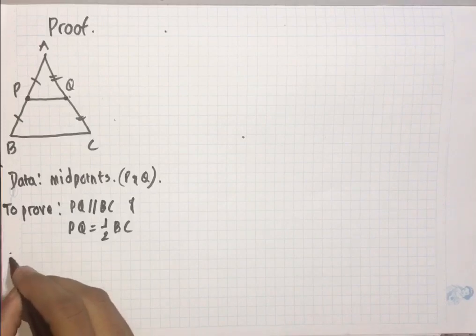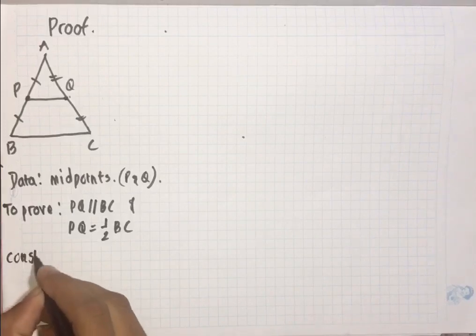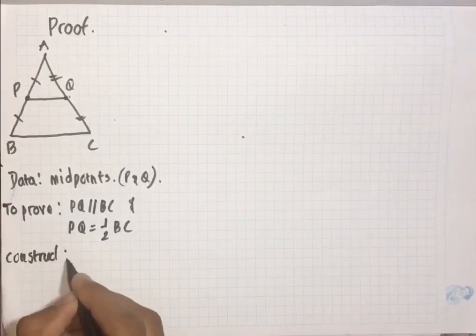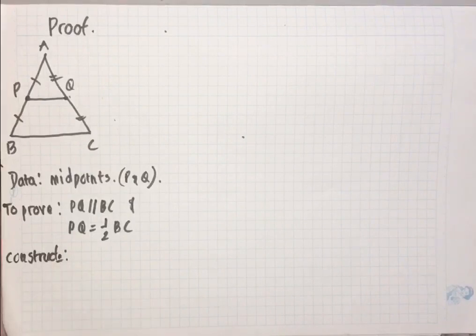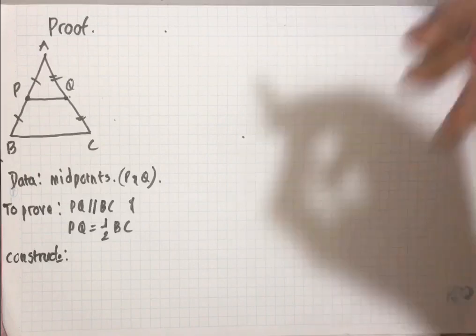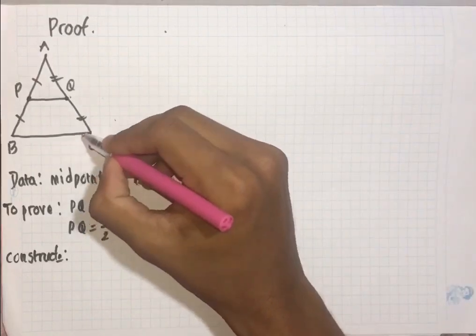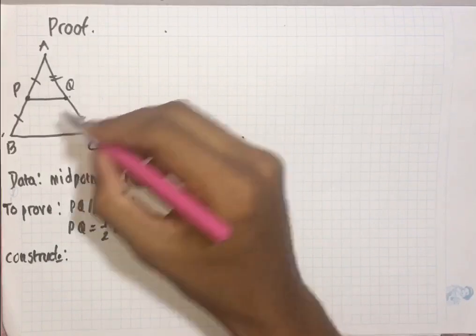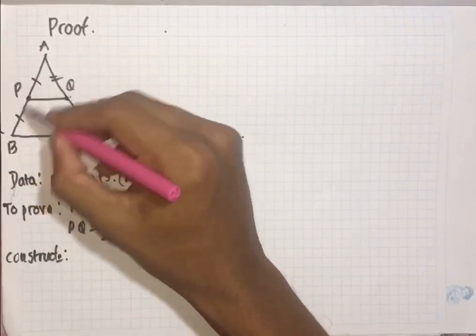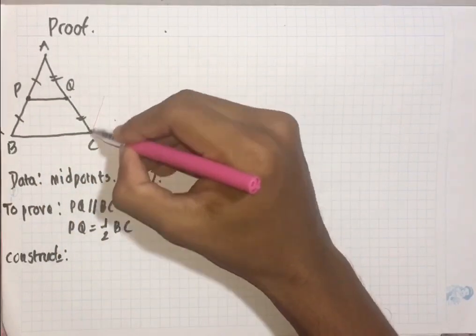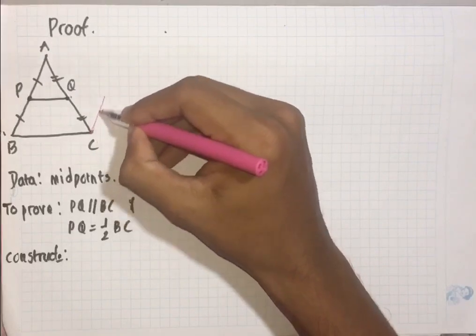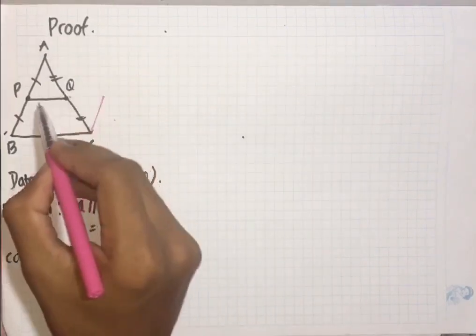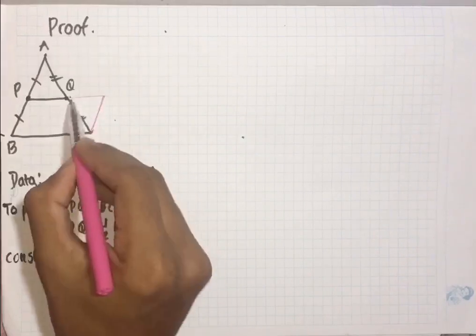Now there is a small construction. The construction is that I'm going to draw a line starting from C such that it is parallel to BP, like this. Then this line meets PQ extended here.